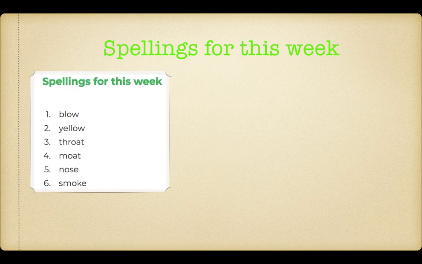And here are your 6 spelling words for the week. And tomorrow we will have a quiz on these 6 spelling words: blow, yellow, throat, moat, nose, smoke. And if we look at them, you can see the different grapheme sounds that are used for blow, yellow, throat, moat, nose, smoke.